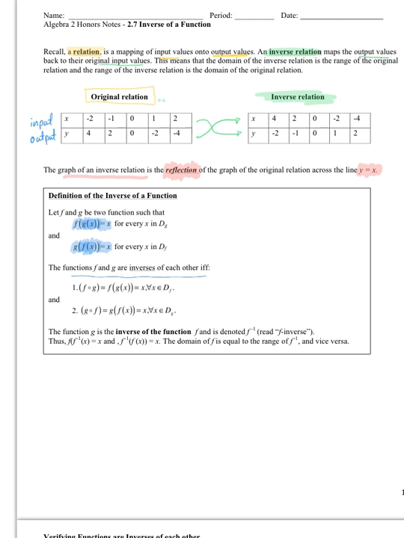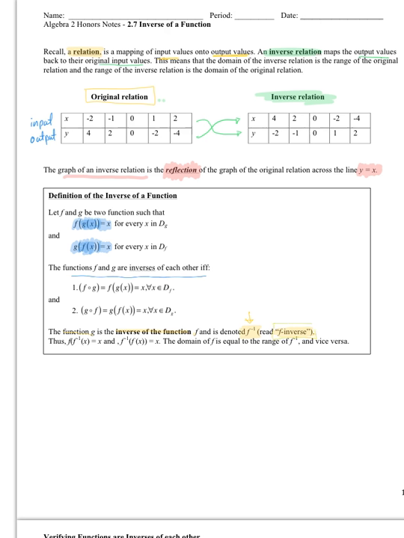So how do we represent taking the inverse of a function? Well, if you have the function g and it is the inverse of the function f, you represent that as f with a superscript of -1. And you read that as f inverse. So this notation here is just read as f inverse.